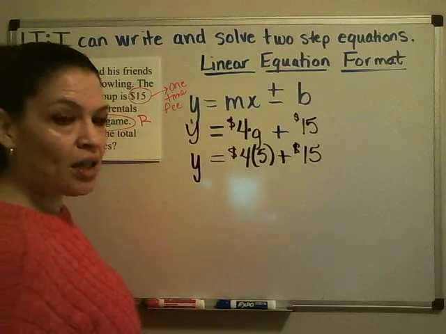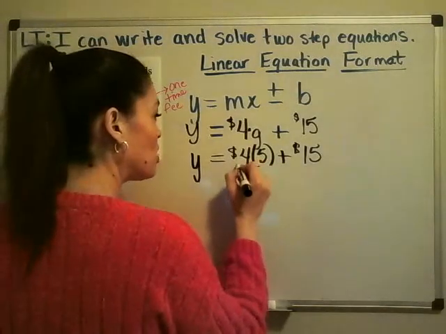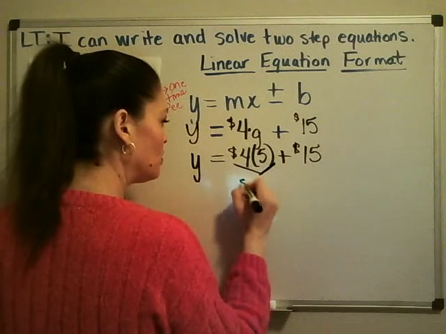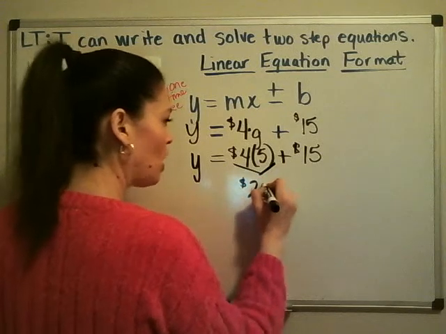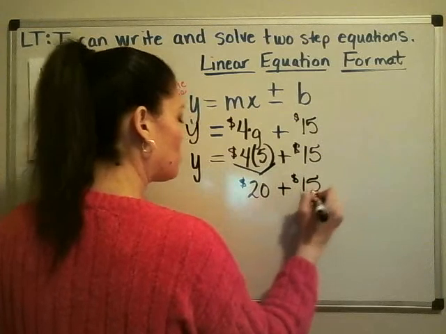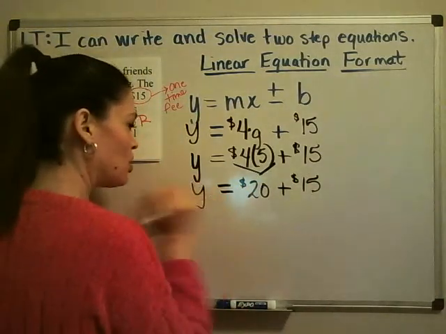Hopefully you can see right now that you can go ahead and calculate that the cost of the games here is going to be 4 times 5, that's $20, plus $15 for our shoes will equal our total cost.